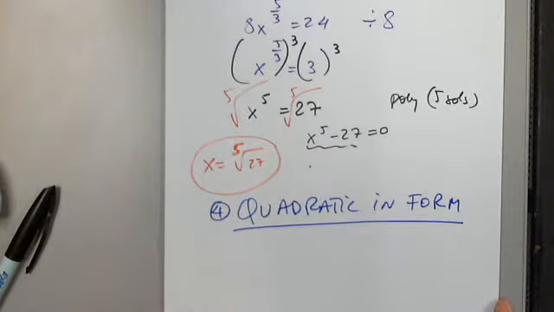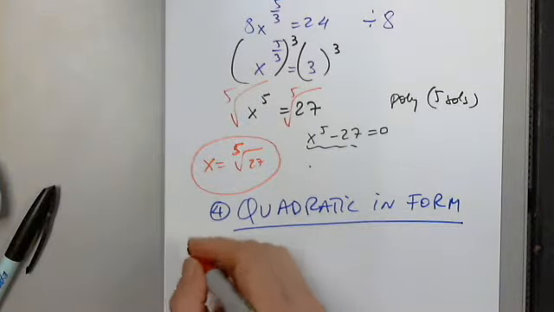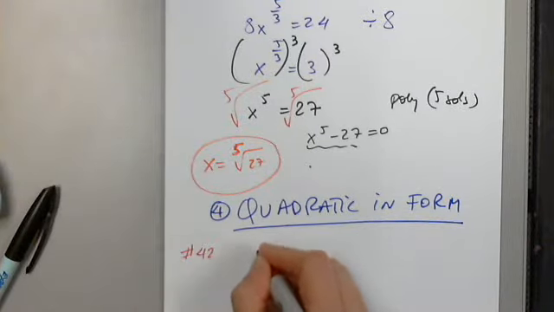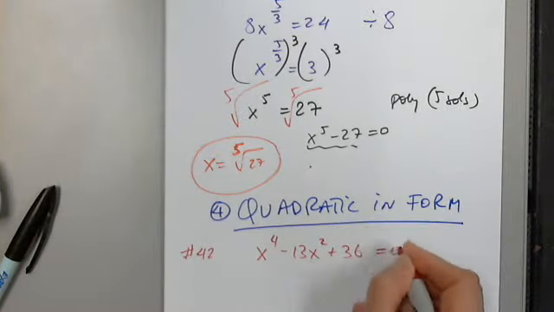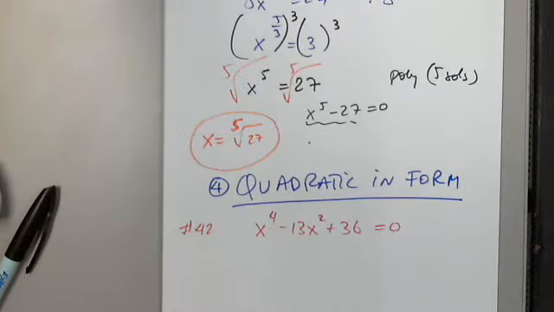Okay, quadratic in form. So here's an example. Let's say 42. We have x to the 4th minus 13x squared plus 36 equals 0. So you could say, wait a minute, you just showed this to us. It's a polynomial.